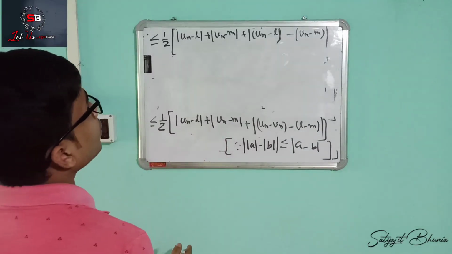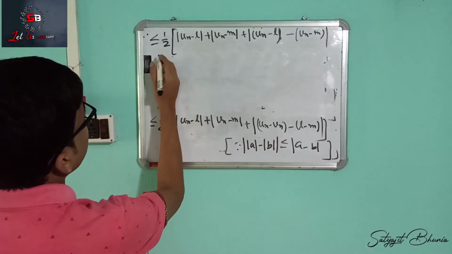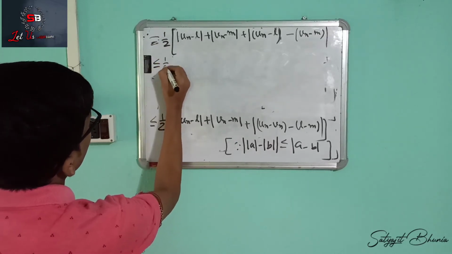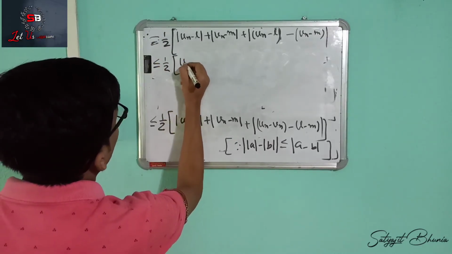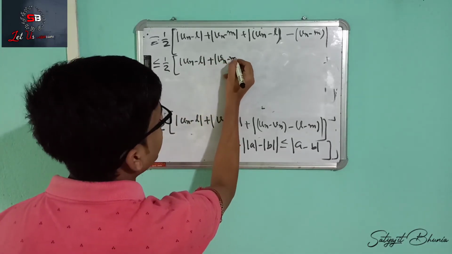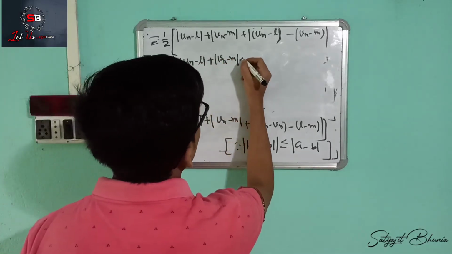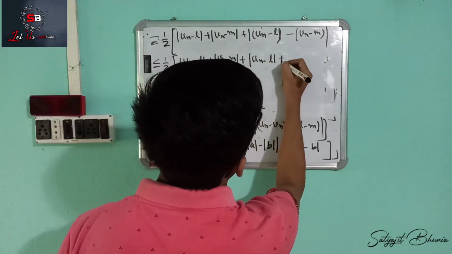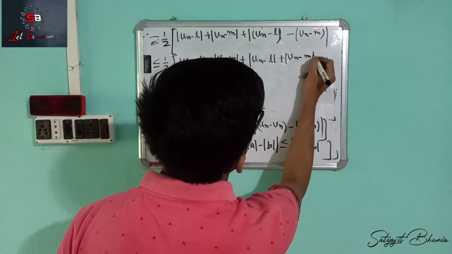So it is less than or equal to mod of un minus l plus vn minus m plus mod of un minus l plus vn minus m.